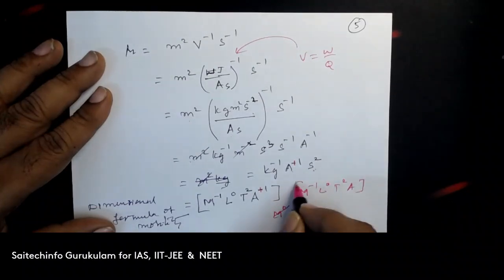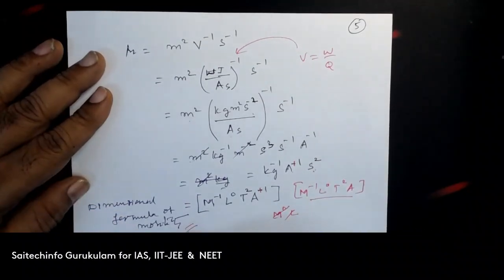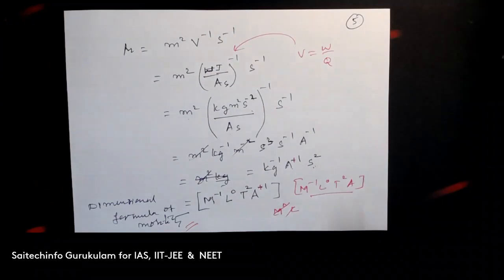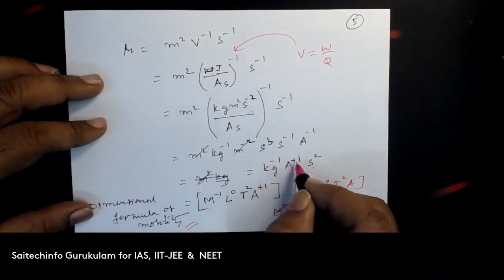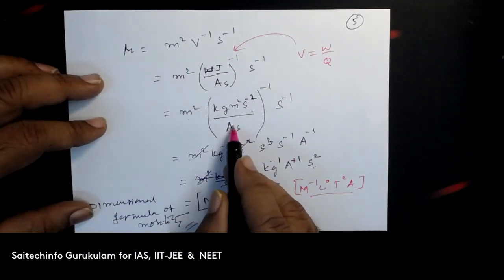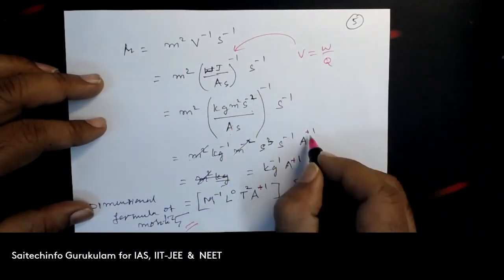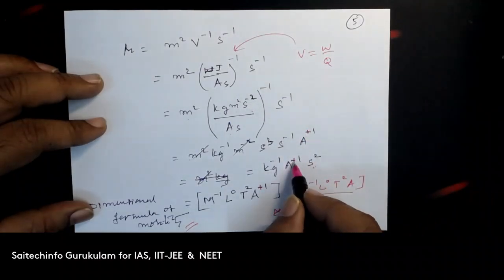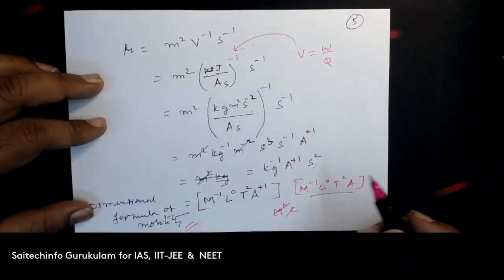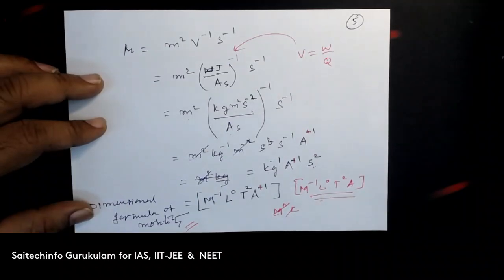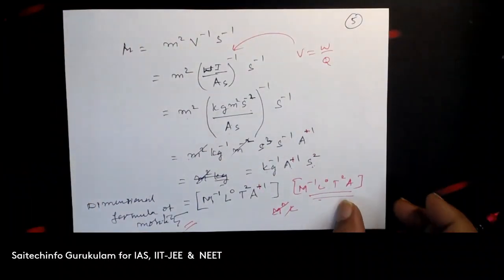So this is the dimensional formula of mobility. Are you able to understand? Okay, and you make this small correction, that is this ampere becomes ampere power minus 1, minus of minus plus 1 here. Okay, so this is plus 1, and finally we get the dimensional formula also, right?